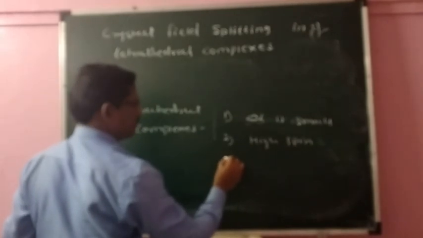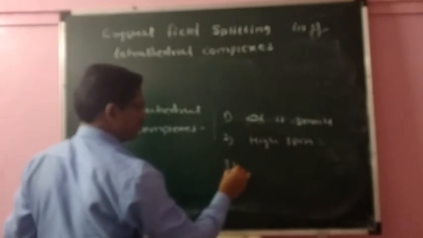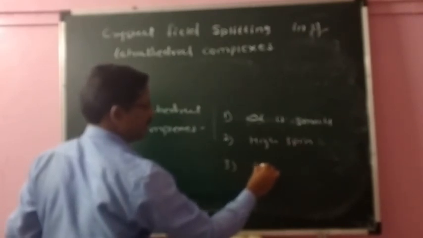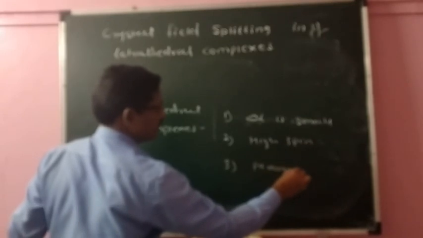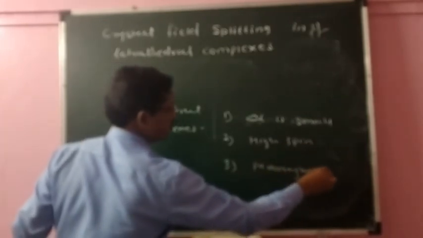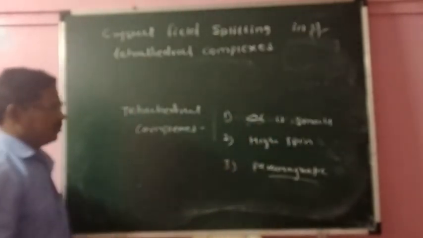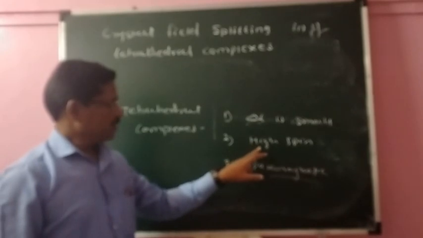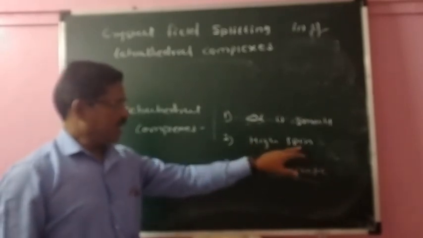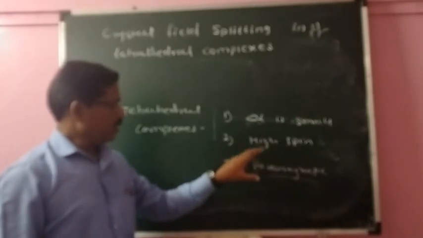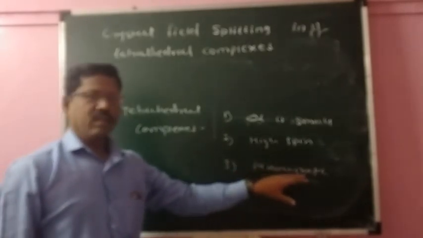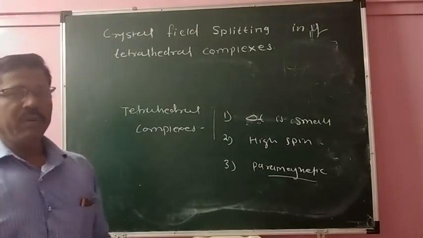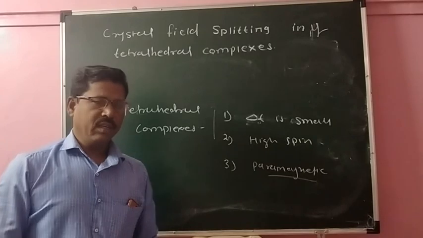And third, all tetrahedral complexes are paramagnetic in nature. Delta T is very small, tetrahedral complexes always have high spin, and all tetrahedral complexes are paramagnetic in nature. This is about the crystal field splitting in tetrahedral complexes. Thank you.